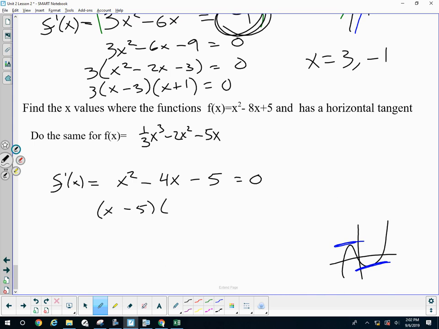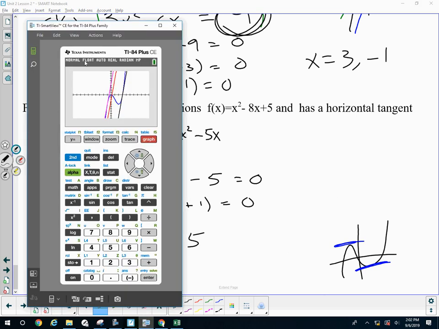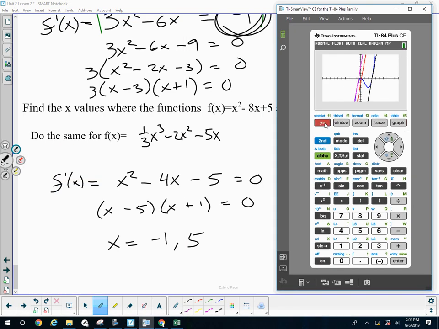These tangent slope generators are super powerful. They can help us analyze functions really quickly and find really interesting locations and characteristics of functions, like the humps of this cubic: 1/3 x cubed minus 2x squared minus 5x.